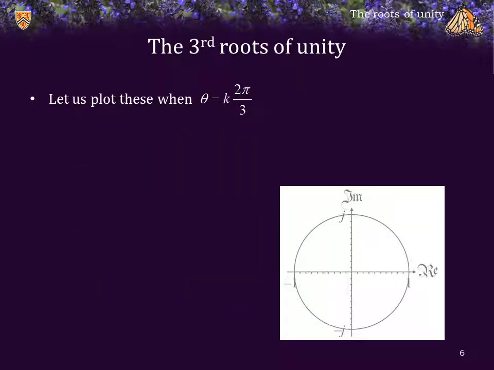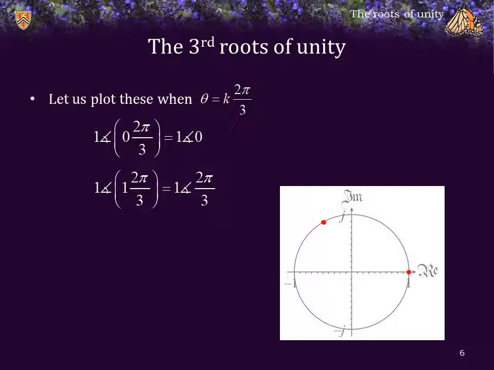All right, let's plot these when theta is of the form k 2 pi over 3. When k is equal to 0, we get the point 1. When k is equal to 1, we get this point over here, which has phase 2 pi over 3.